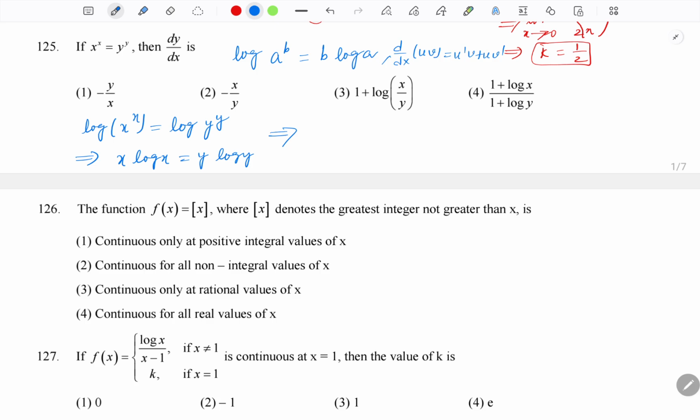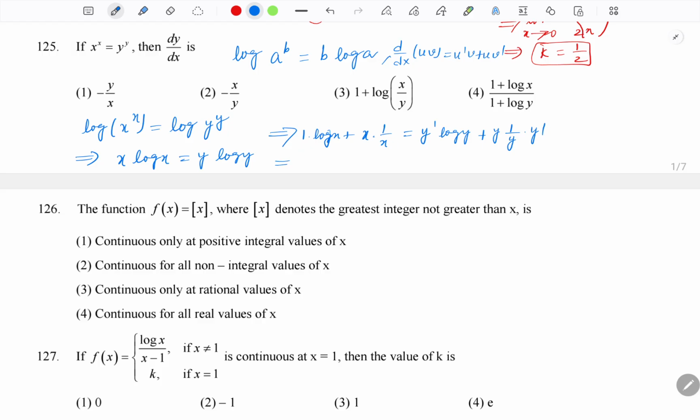Then differentiating, first instead of x, 1 times log x plus x times derivative of log x, 1 by x, equals y dash into log y plus y times 1 by y into y dash.